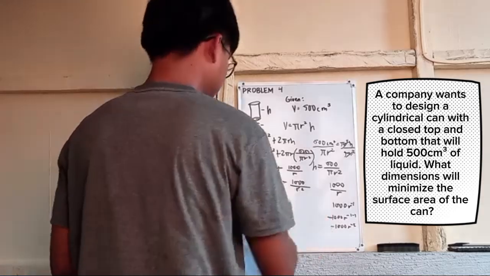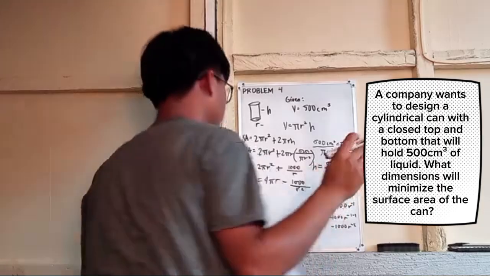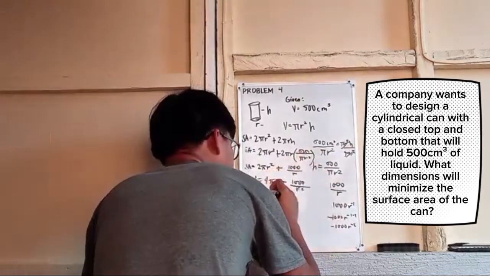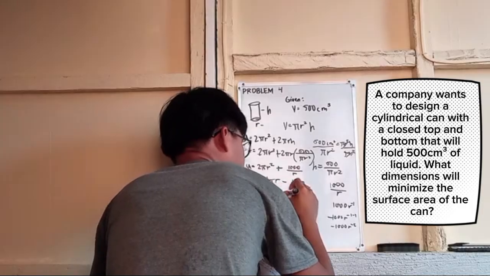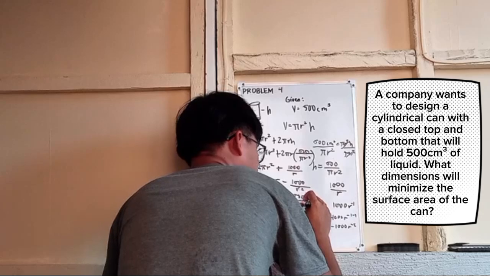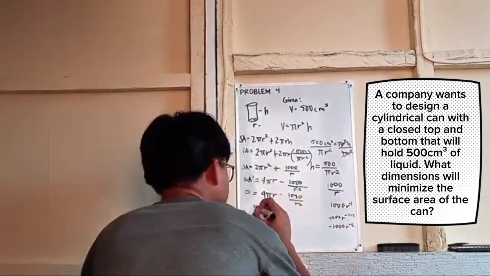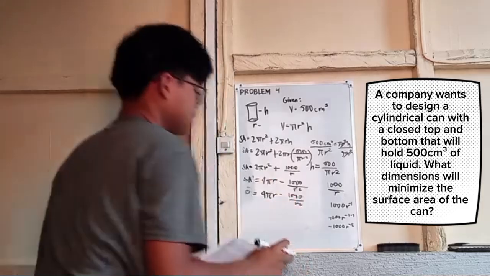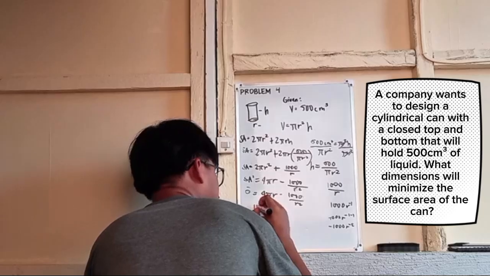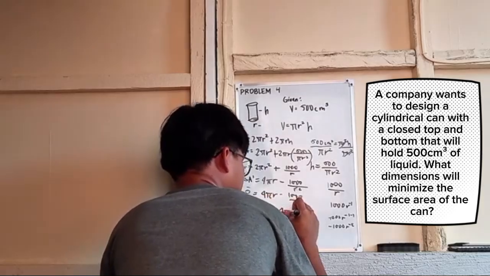So next, we will equate the derivative to 0. Then transpose the 1000 over r squared.